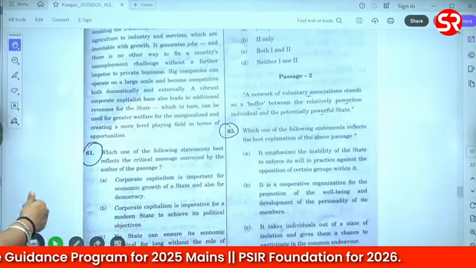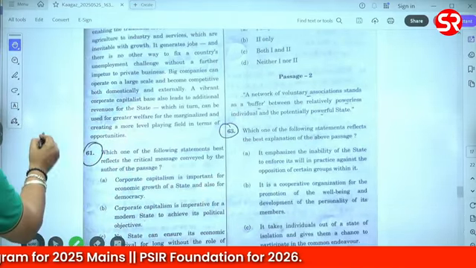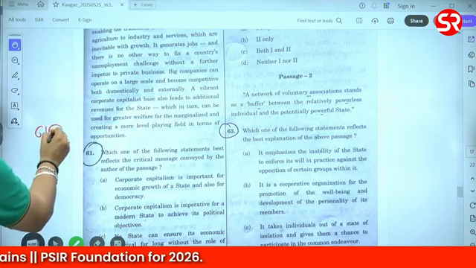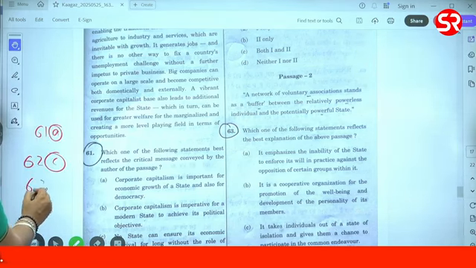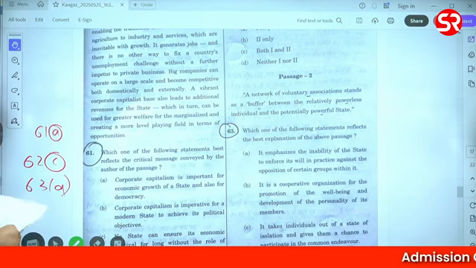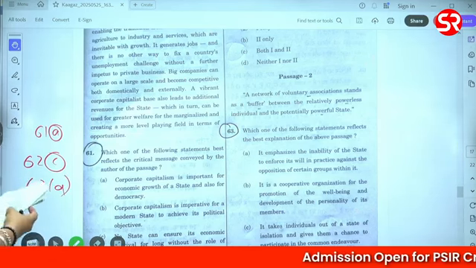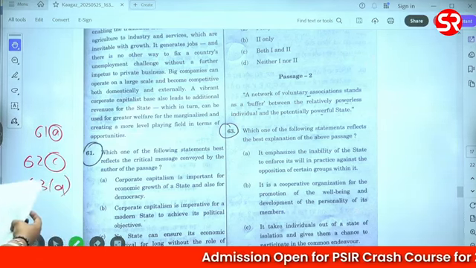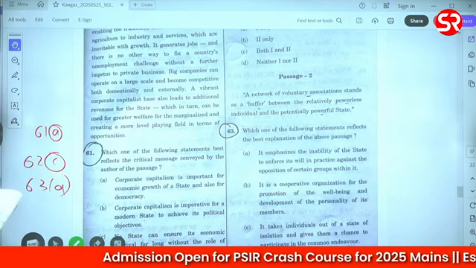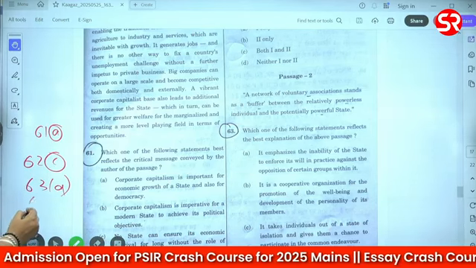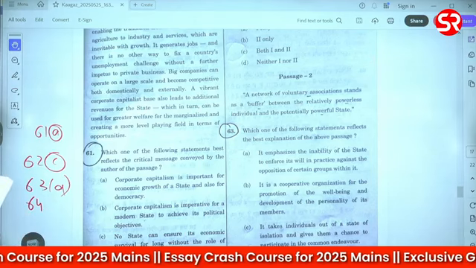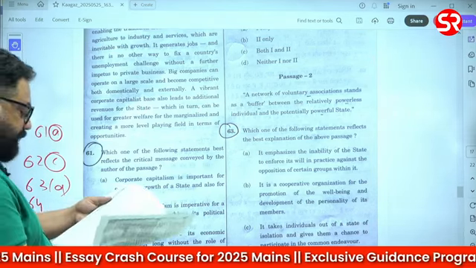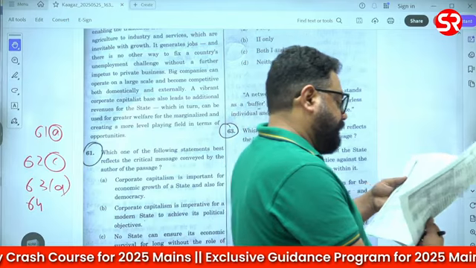61 is A, 62 is C, 63 is A. 64 we have done it here, 64 is an aptitude question, right?